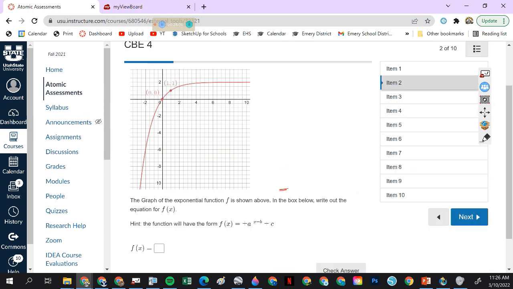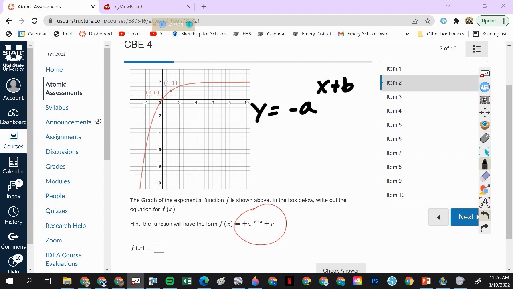Number 2. All right. So this one's upside down. What does that do to this equation? It makes a negative. So I know the equation is y equals negative a to the x plus b, plus c. Okay?